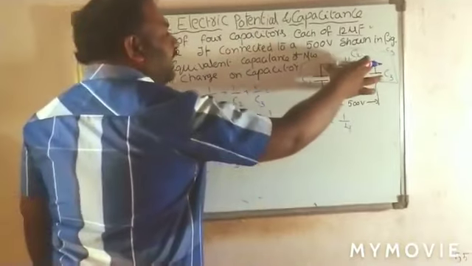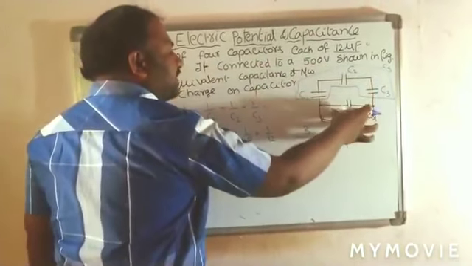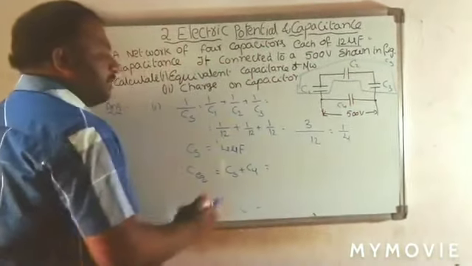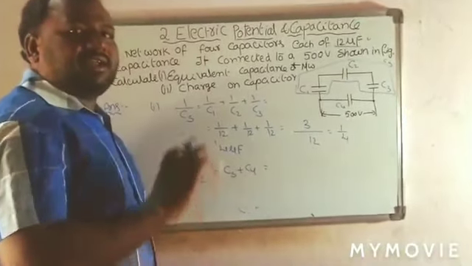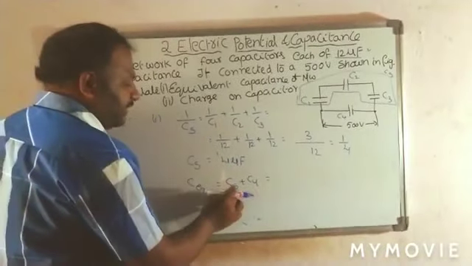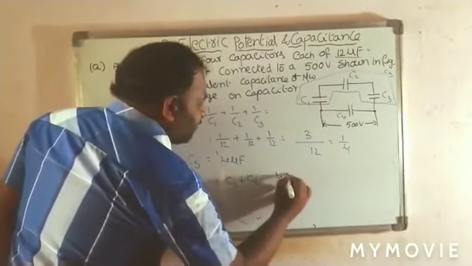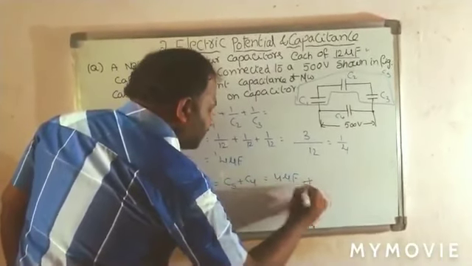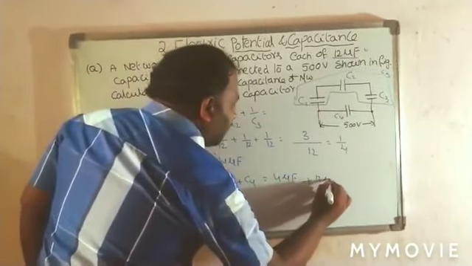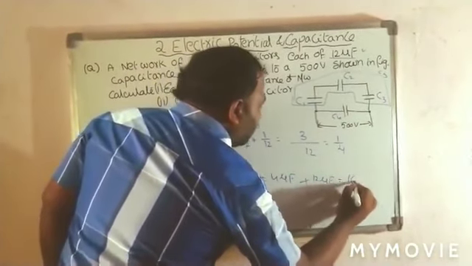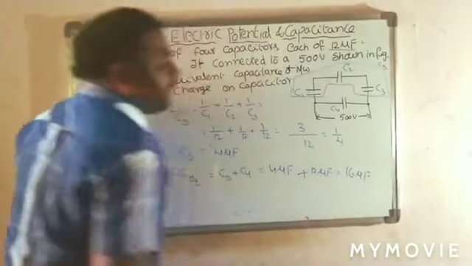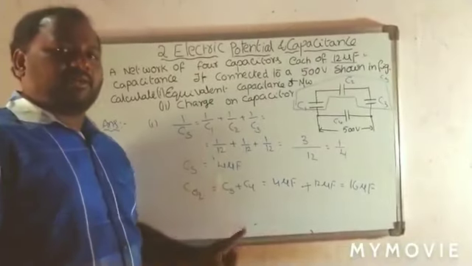Why? Because the three-capacitor combination and C4 are both in parallel. In parallel, the formula is C1 plus C2. So CS is 4 microfarad plus C4, which is 12 microfarad. Therefore the equivalent capacitance of the given network is 16 microfarad.